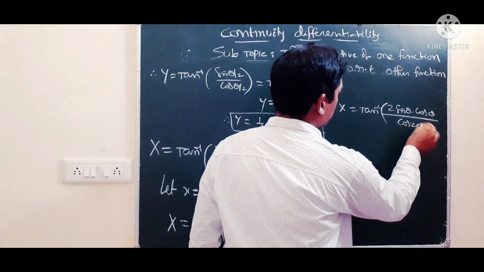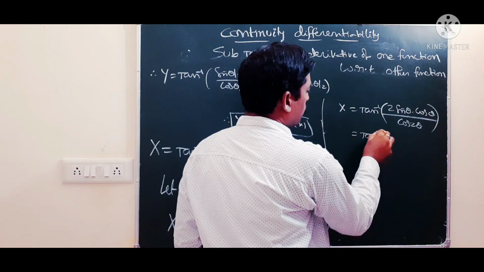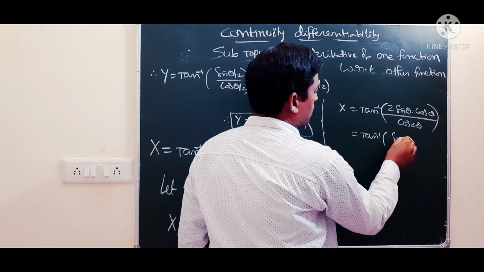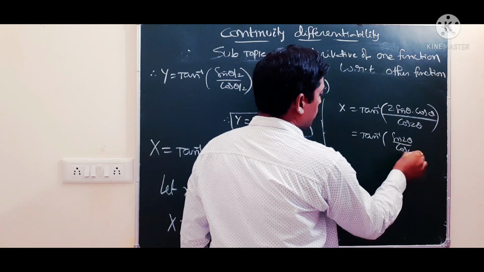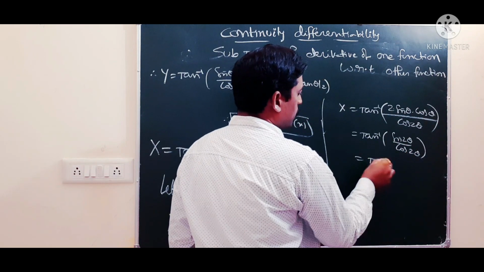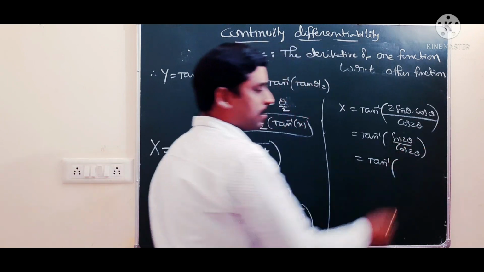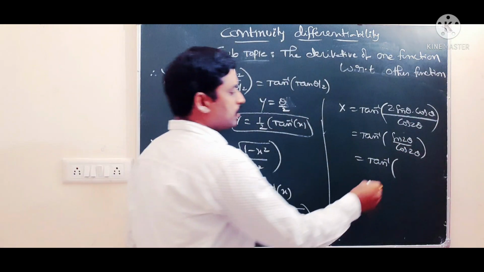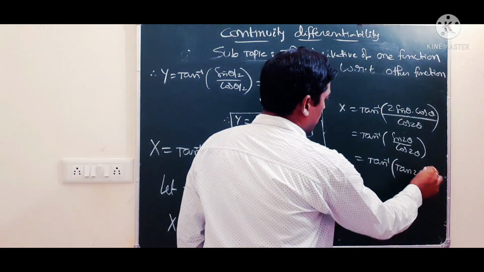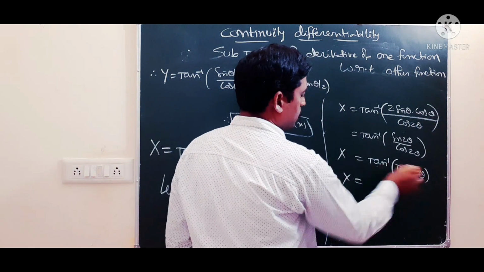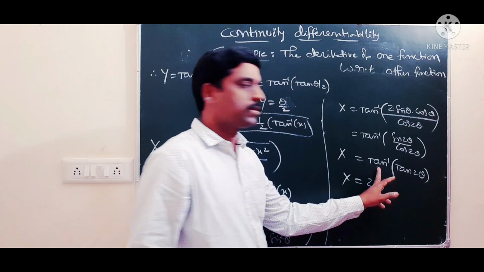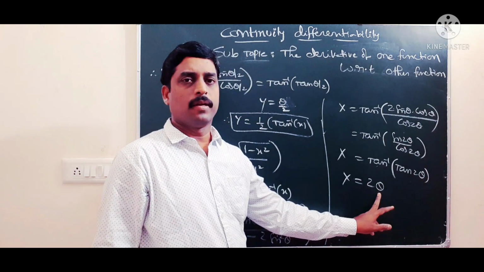Therefore tan inverse of 2 sin theta cos theta, sin 2 theta, by cos 2 theta. This is equal to tan inverse of sin 2 theta by cos 2 theta, which is tan 2 theta. Tan inverse of tan 2 theta, we got it as 2 theta.